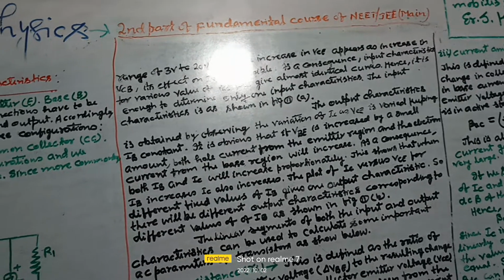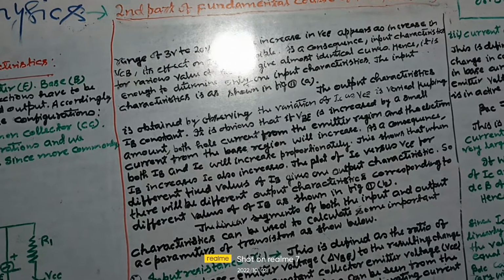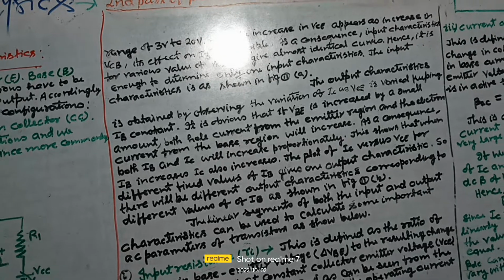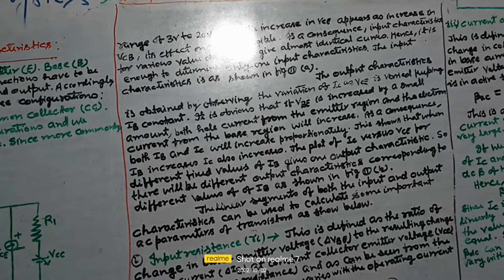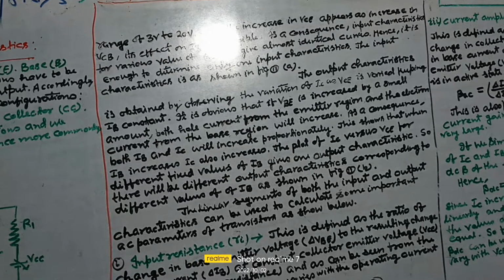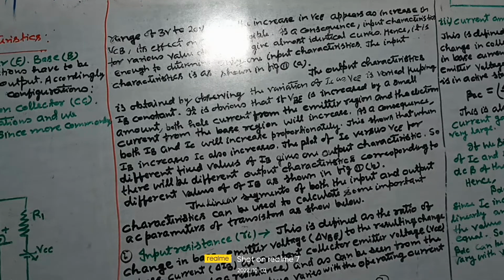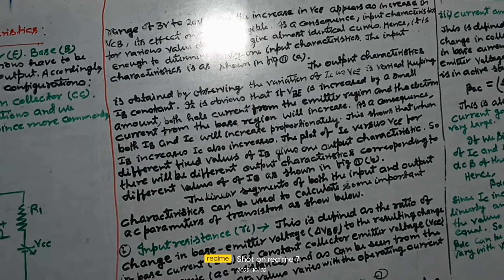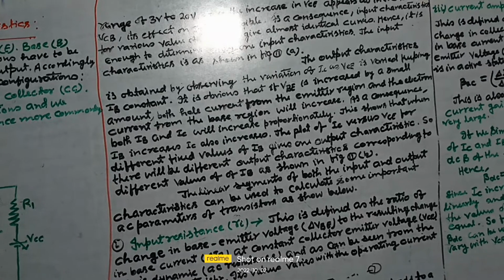The output characteristics are obtained by observing the variation of IC as VCE is varied, keeping IB constant. It is obvious that if VBE is increased by a small amount, both the hole current from the emitter region to the collector and the electron current from the base region will increase.